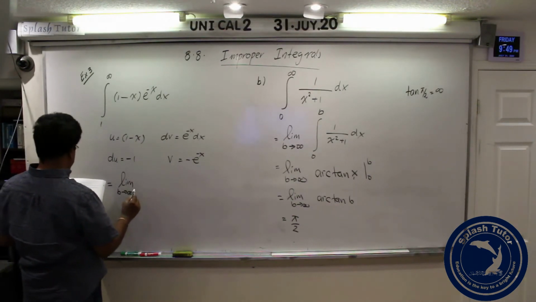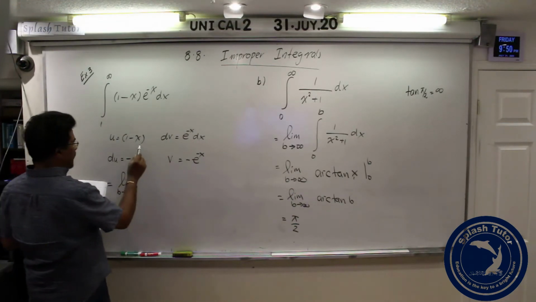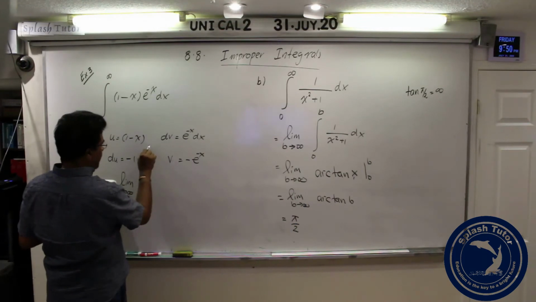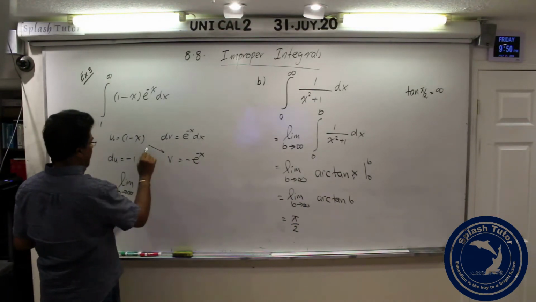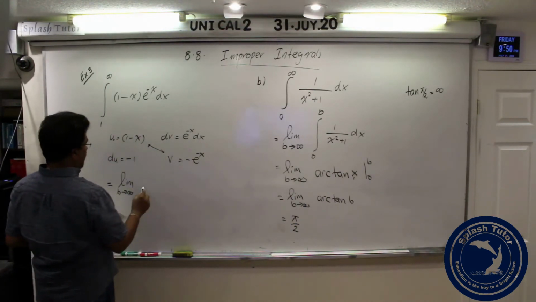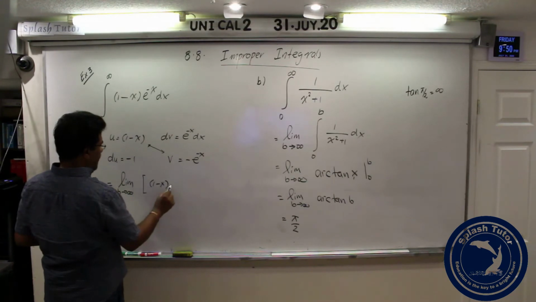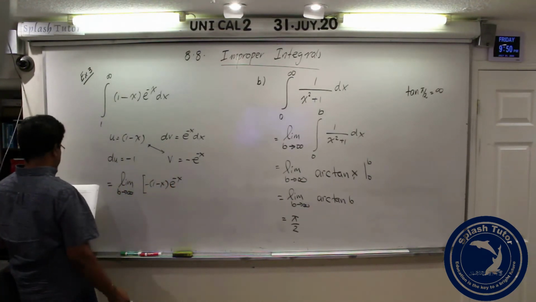Now we can say that is minus u times v, this times this, that is 1 minus x times minus e to the power minus x, this times this, right?